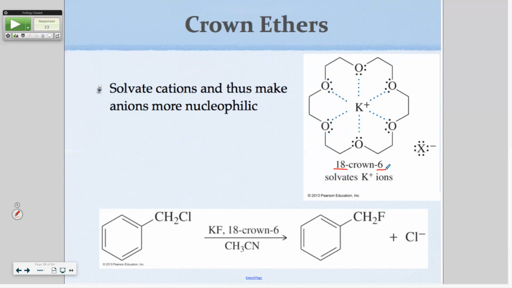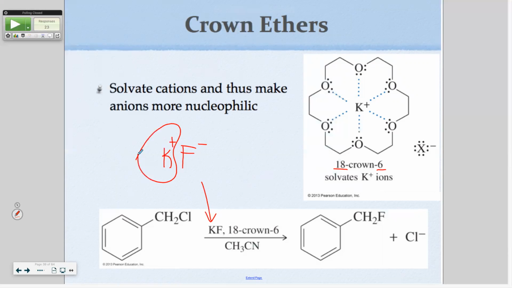But by using this, when you have KF, you have a potassium ion and a fluoride ion bound together, right? Well, what happens if you take this out of the picture? That's what we're doing. We're caging it inside that ether.